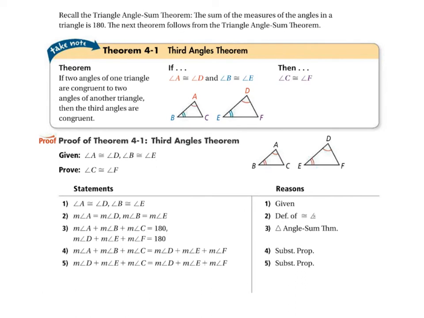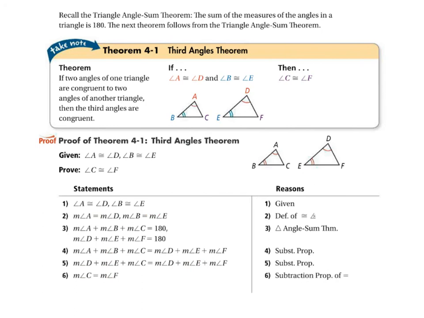We can substitute for A and B right here, the measure of angle A and the measure of angle B, because we know that these are equivalent amounts. We can substitute those in through substitution and then subtract those amounts away that are the same on both sides.